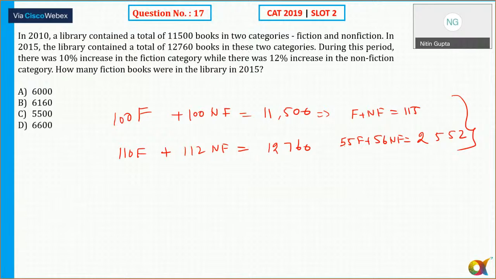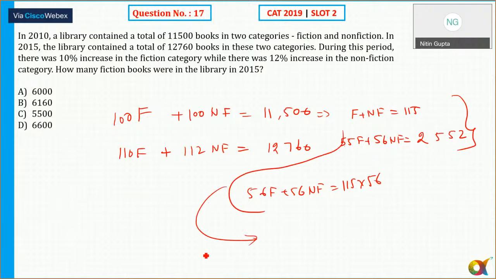I need to find out fictions, so multiply the first equation by 56. Fiction, and I think the total number of fiction books comes out to be 6,600. Okay, that is equal to 6,600. So the correct answer for this is the option 6,600. Any doubts to anyone?